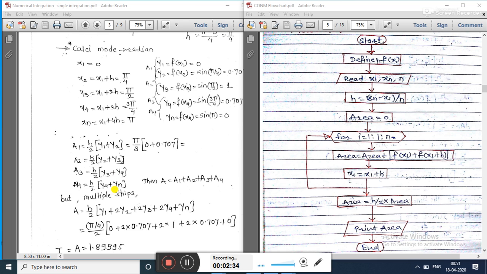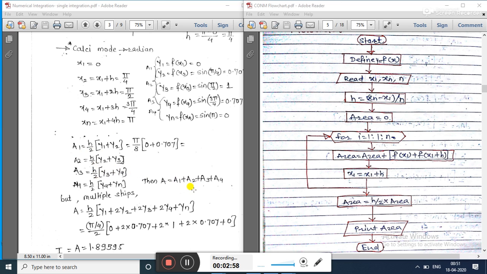Then by the trapezoidal rule, the first strip area is h by 2 times y1 plus y2. This will be added with the a2 area, h by 2 times y2 plus y3. This will be added to this area plus a3, h by 2 times y3 plus y4.